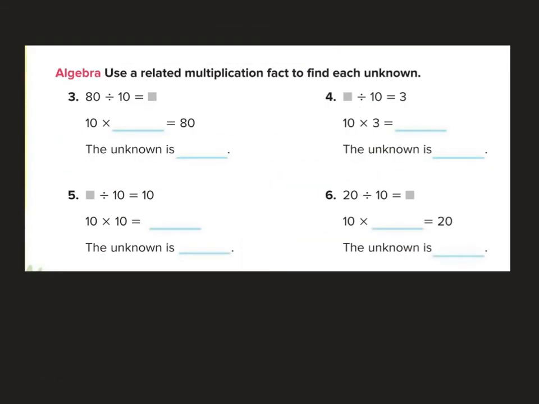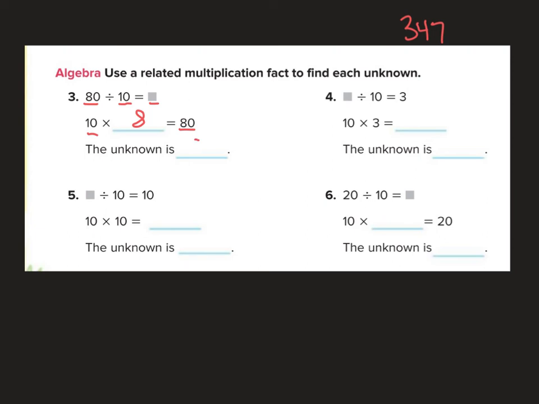Okay, we're looking at, I guess, page 347. Here we're doing algebra. Use related multiplication facts to find each unknown. It's the second page of your homework if you can't find it. So here I have 80 divided by 10 equals what? If I think of it as multiplying, 10 times what is 80? Well, 10 times 8 is 80.